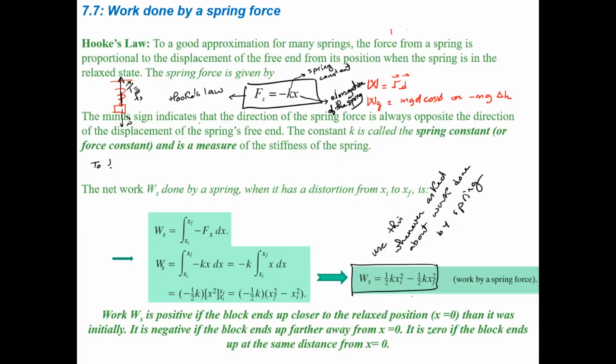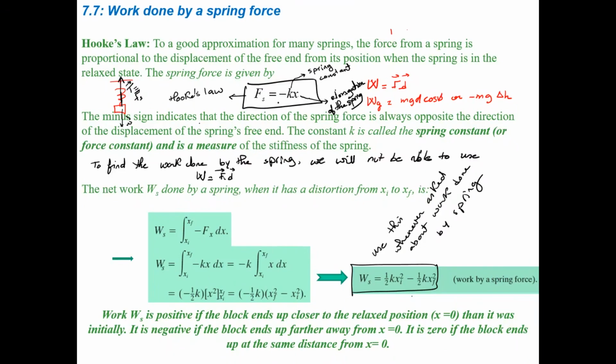So to find the work done by the spring, we will not be able to use W equals F dot D. Why? This is for a particular reason, which is related to the nature of this force.